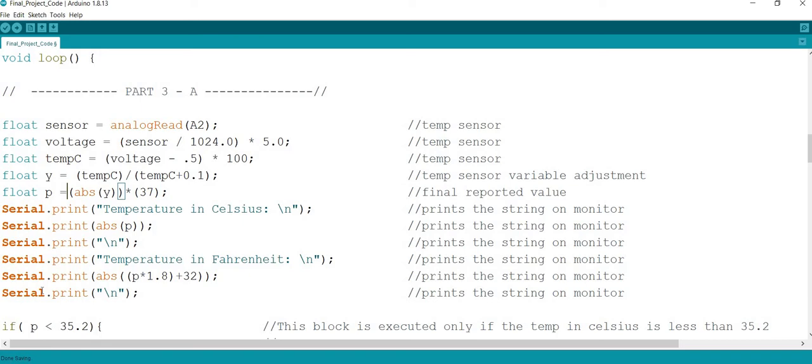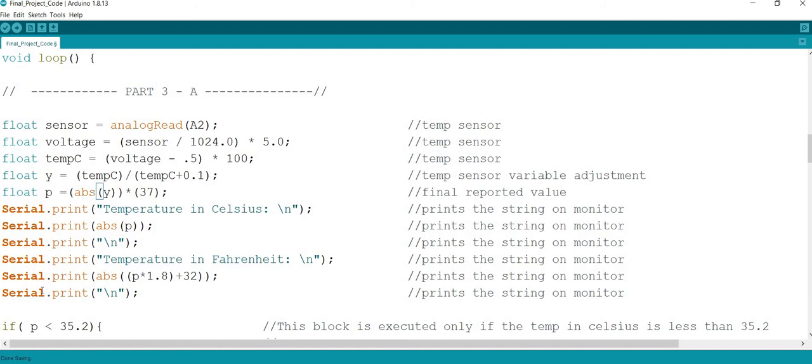And since the human body's temperature is around 37 degrees Celsius, we have multiplied it with the absolute value of y, and we have taken the absolute value because what we found out was if we were not taking the absolute value, we were getting the temperature in negative 20 degrees Celsius, which is obviously untrue. So we have taken the absolute value of y, which is close to 1, and then we've multiplied it with 37.